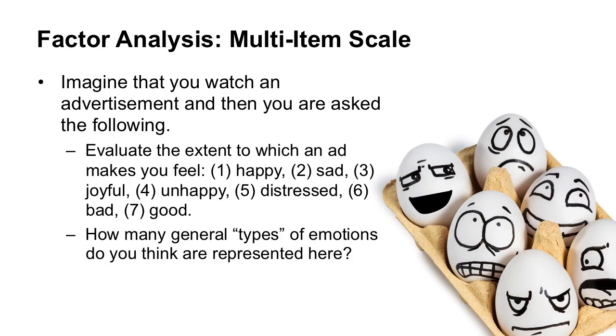So imagine that you watch an advertisement and then you're asked the following. Evaluate the extent to which the ad makes you feel happy, sad, joyful, unhappy, distressed, bad, and good. How many general types of emotions do you think are represented here?